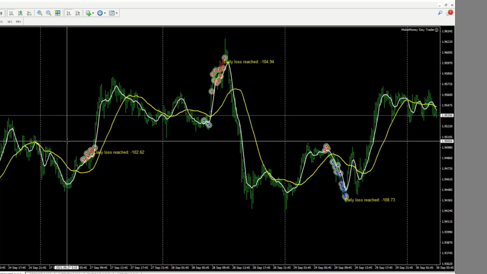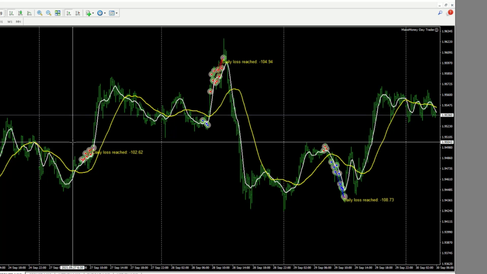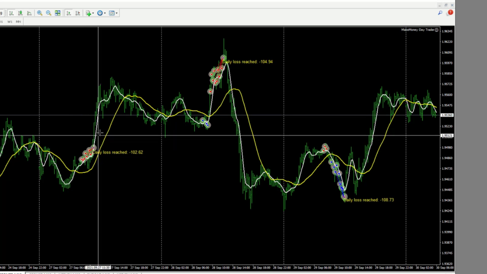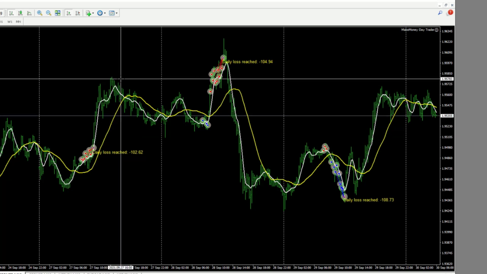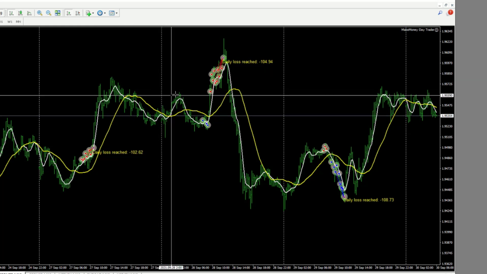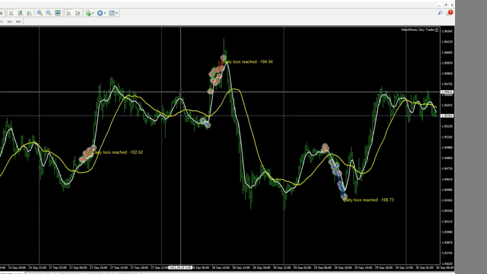And then over here was a trend change at 6 o'clock. And then it just continued on, and then there was a trend change at 1500 hours. And over here's most probably the trend change that was at 4 o'clock.